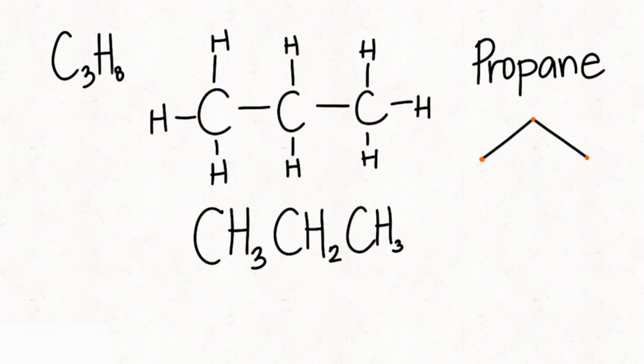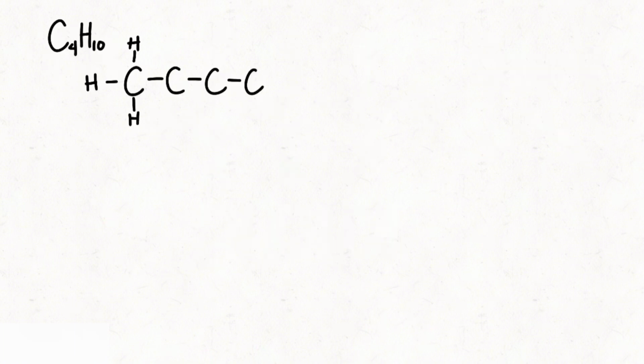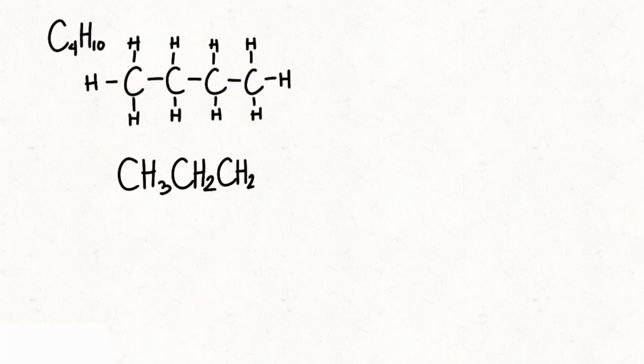Next, let's proceed with the next alkane that has 4 carbons and 10 hydrogens. If we're going to draw its expanded form, it should be like that. And its condensed form should be like this: CH3, CH2, CH2, CH3. C1 has 3 hydrogens, C2 and C3 have 2 hydrogens each, while C4 has 3 hydrogens.